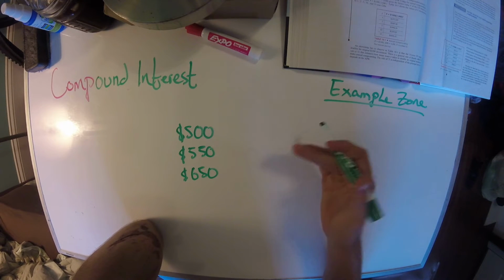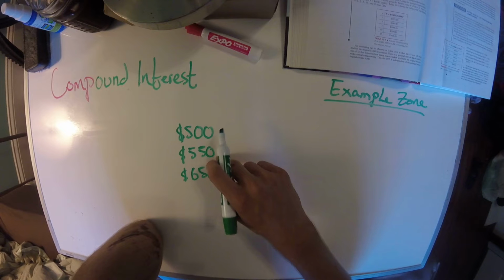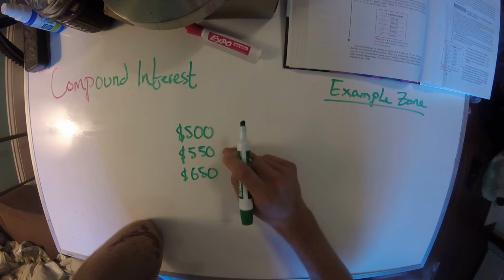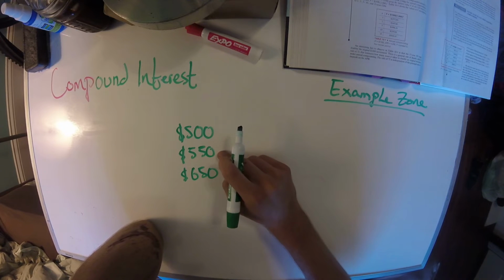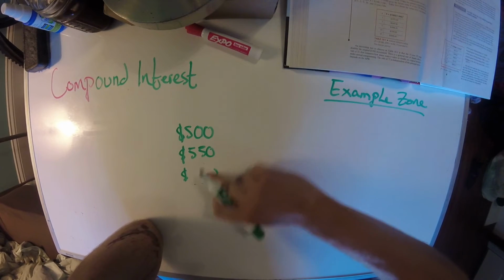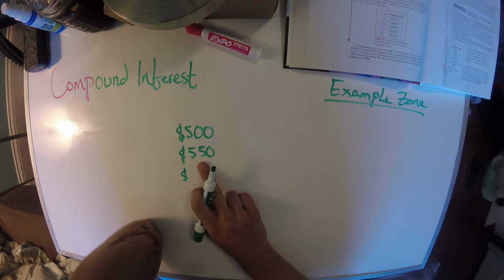Compound interest would be if you applied the 10% to the total amount owed at that time period. So if you applied the 10% to the 550, instead of adding 50 to 550, you would add 55.